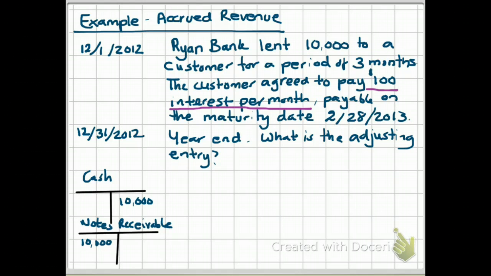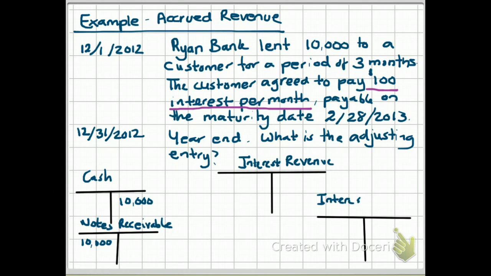How do we do that? We do an adjusting entry. The two accounts affected by this transaction are interest revenue and interest receivable. Interest revenue is the revenue we earned by lending the money, but since they haven't paid it, it's called interest receivable, not cash. It doesn't go into cash. It's interest receivable, and interest receivable, if you remember, is an asset.